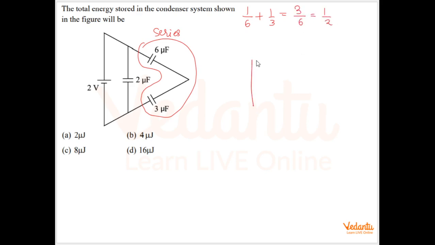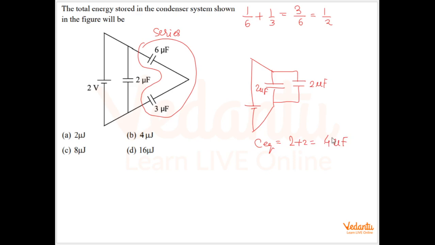So overall, both of them, my dear bacha log, will just become 2 microfarad capacitors. So in this case, the equivalent capacitance will just be 2 plus 2, that is 4 microfarads.